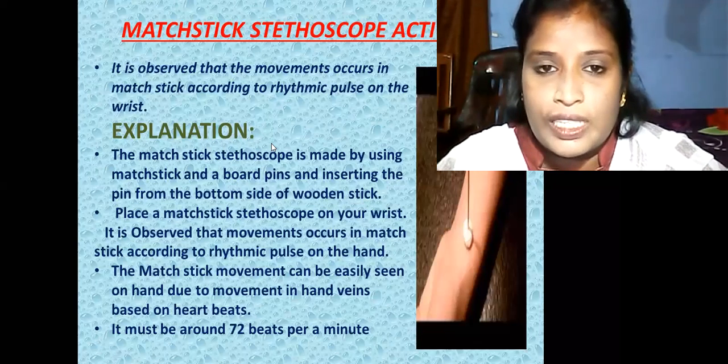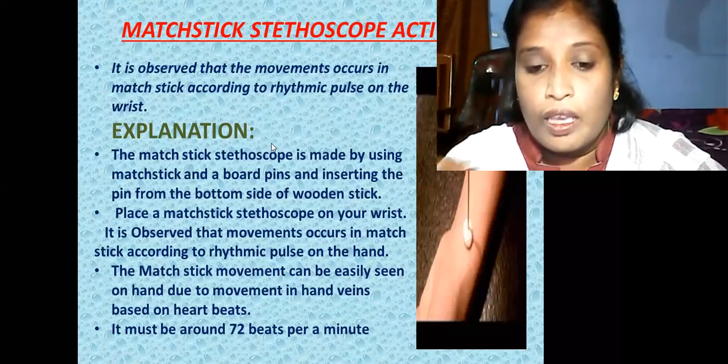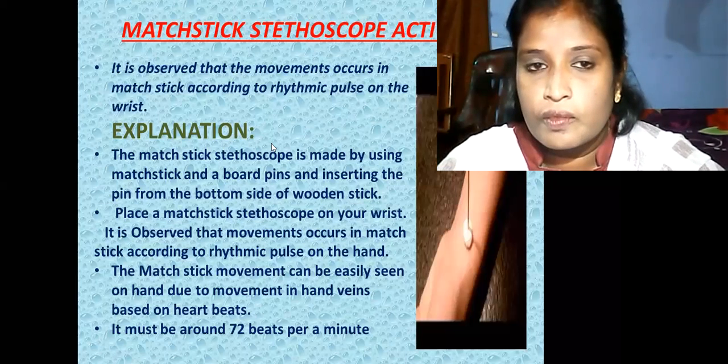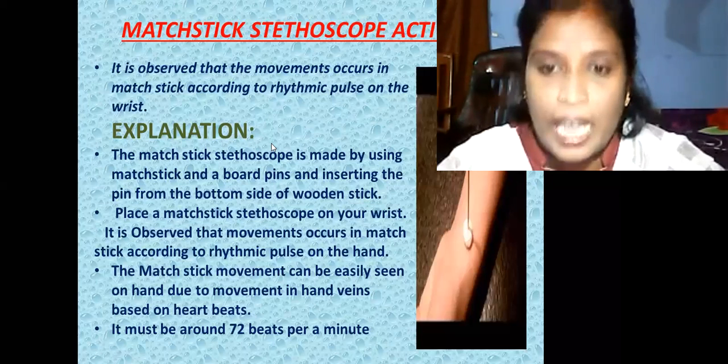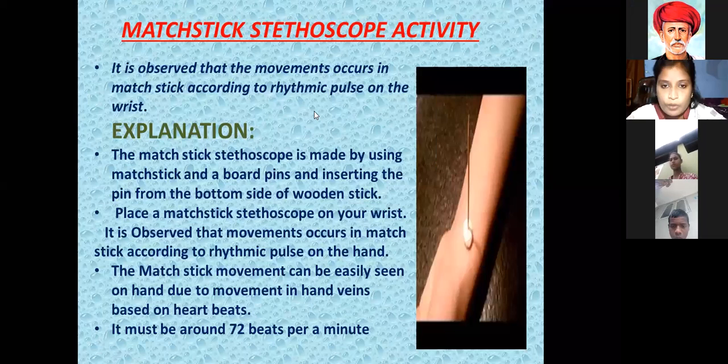Doctors use the stethoscope; it measures the heartbeat rate. For one minute we calculate the heartbeat rate, which is 72. These were all learned in the previous class. Today I am going to explain the matchstick stethoscope activity. I will share one video.